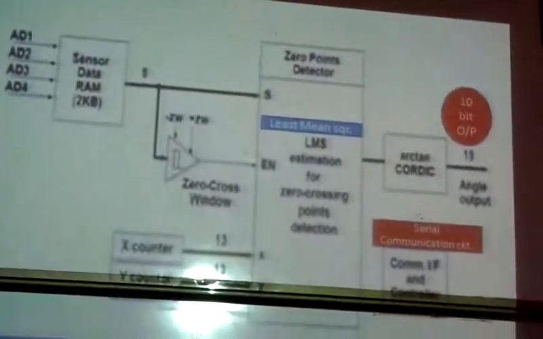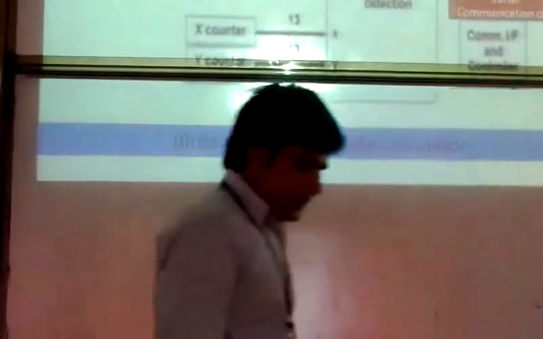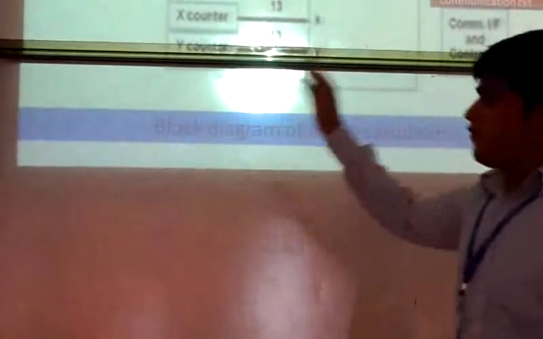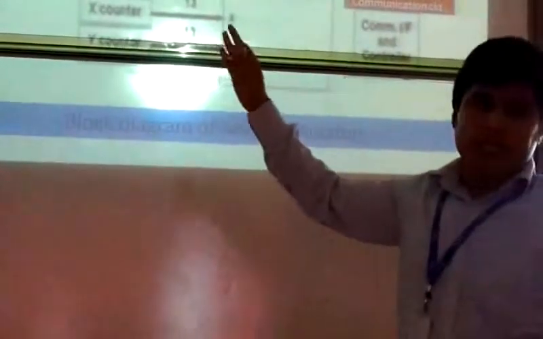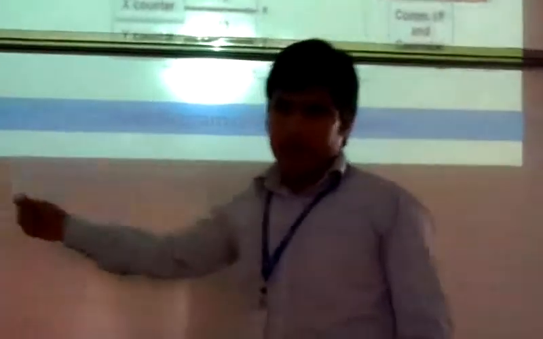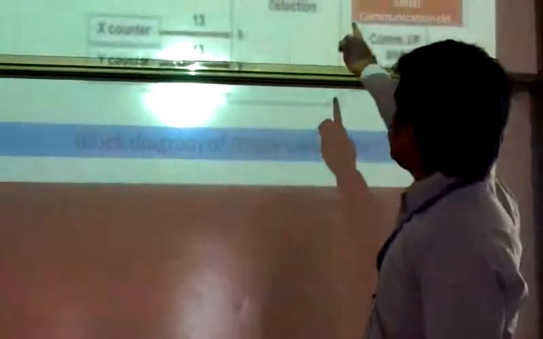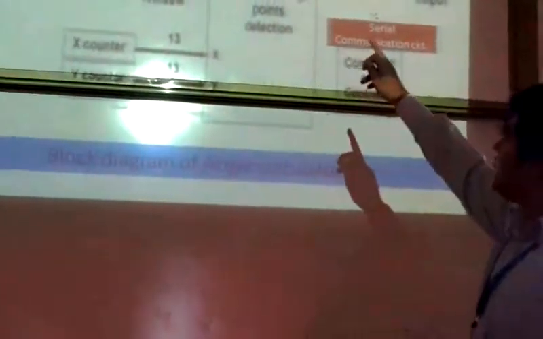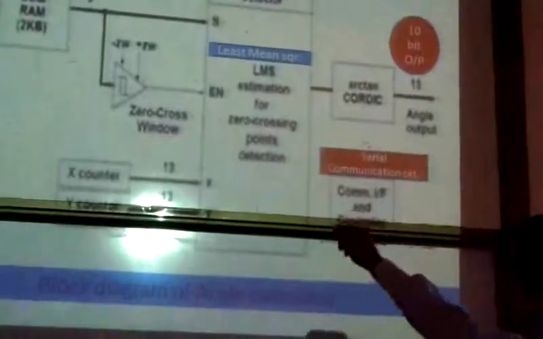So after calculating, how can we calculate the angle? We use a sensor data line to KB and give the four outputs S1, S2, S3 and S4. All are four types of arrays. So directly pass through the 0 point detector. It can use the least means method for finding.